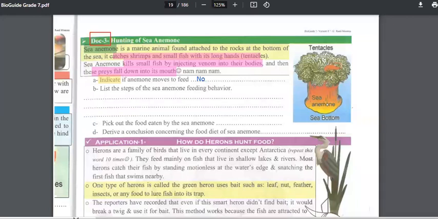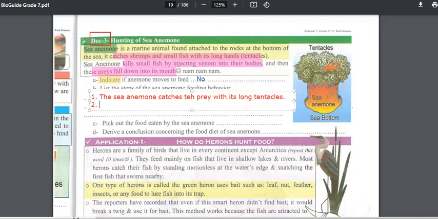So how do we list? First step, we indicate the name of the animal we're talking about. So the sea anemone catches the prey with its long tentacles.